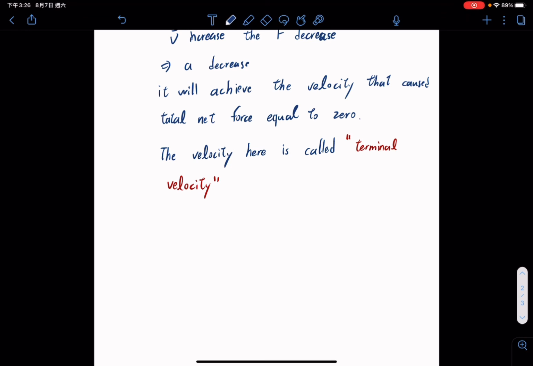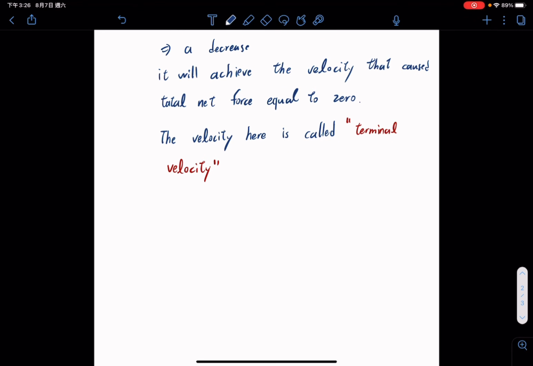So how do we find the terminal velocity? We can use this simple equation. Assume the terminal velocity is Vt.